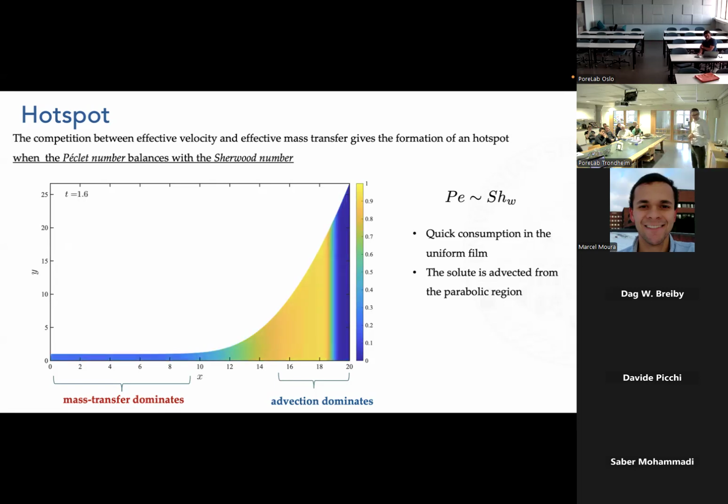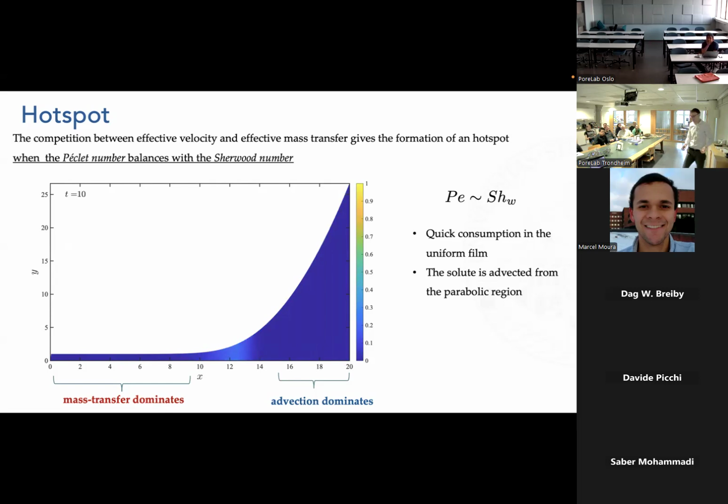You see that the uniform film got clean immediately. There the mass transfer is very fast. But here advection is pushing all the dirty part here, and then this is slowly disappearing. This is like when you are cleaning the floor and then the dust accumulates.